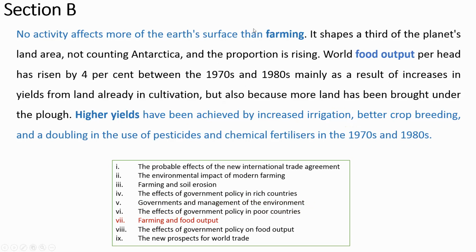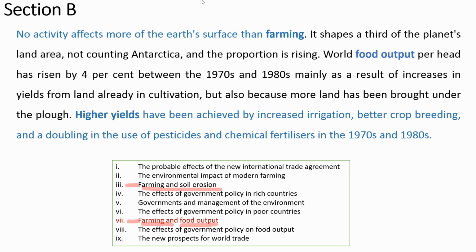And in section B, for example, we have to decide whether these two headings, farming and soil erosion, farming and food output, which one matches this particular paragraph?